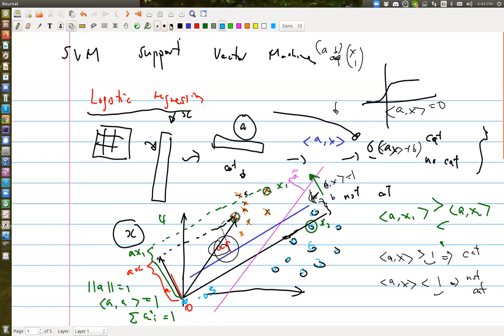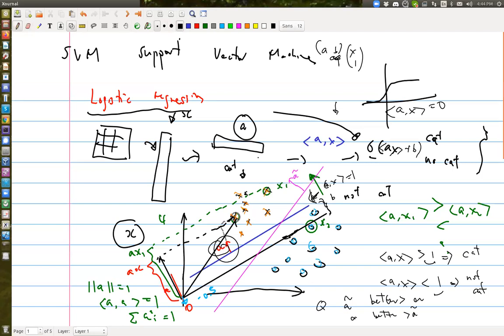Now let's have another question here. Is A tutor better than A, or is A tutor worse, or is A better than A tutor? When I say better, I mean literally as a classifier.